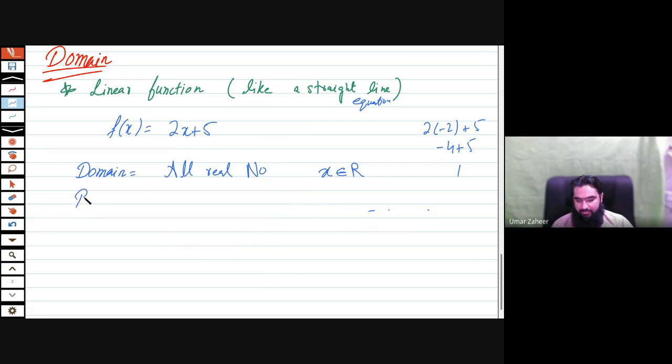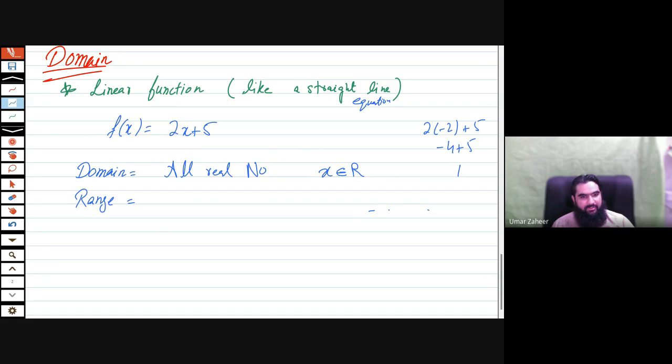Okay, and now we are going to talk about the range. The range is the output.